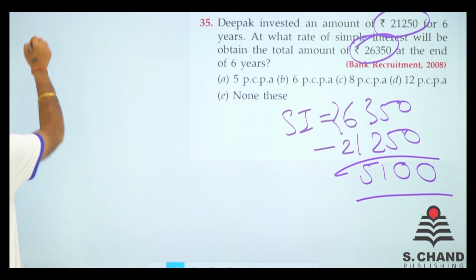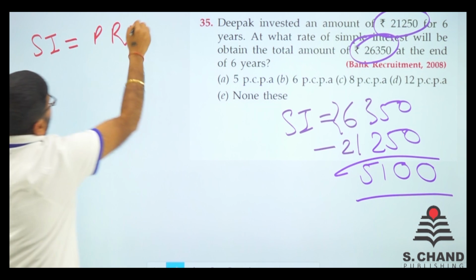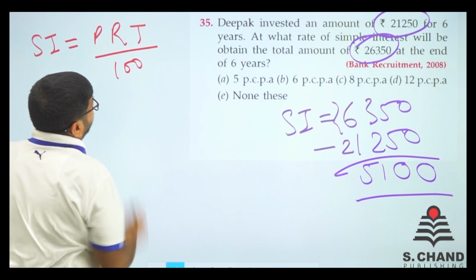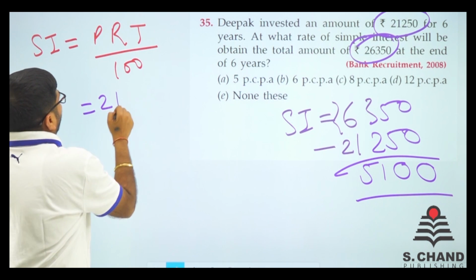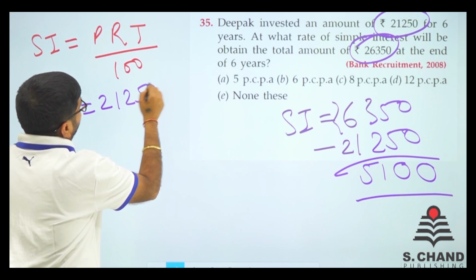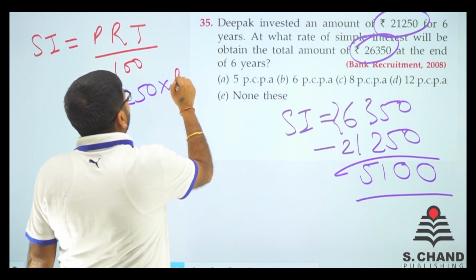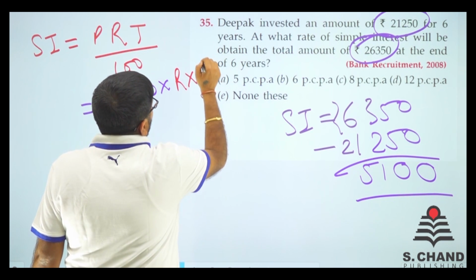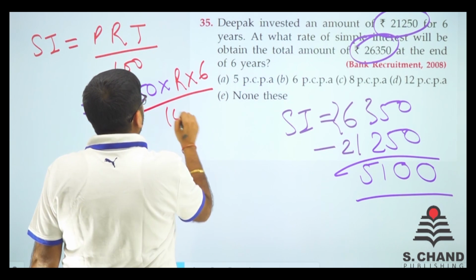So we have the simple formula: SI is equal to PRT by 100. What is the principal amount? 21250. So write 21250 into R, the rate of interest, which we need to calculate, and time is 6 years. So write 6 here, divided by 100.